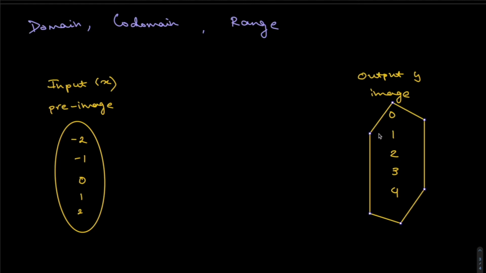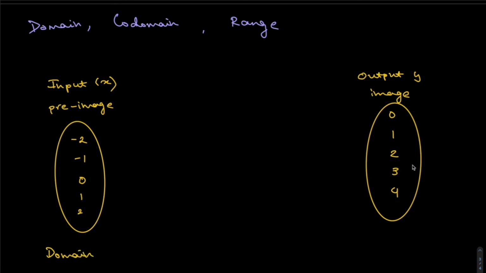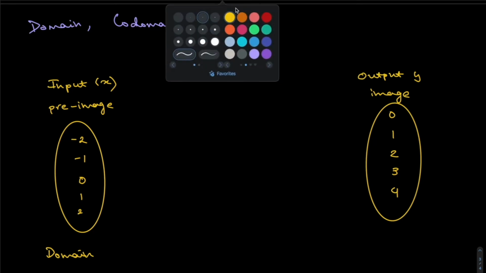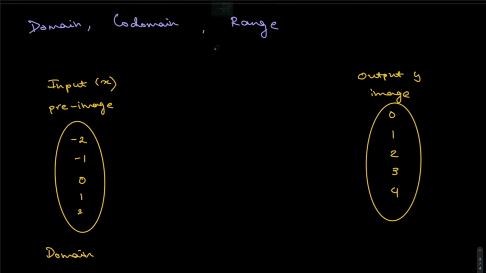Oh, my bad. Let me redraw the ellipse, like this, right? So again, I'll name this as domain, and I'll explain the difference between codomain and range just in a second. So now let's define a function. Maybe the function that we define is y is equal to f of x.